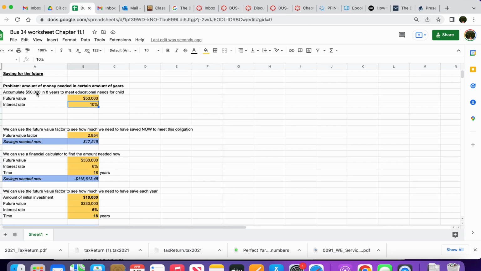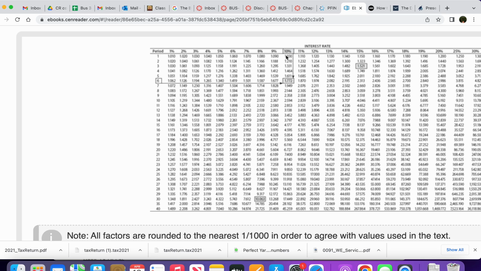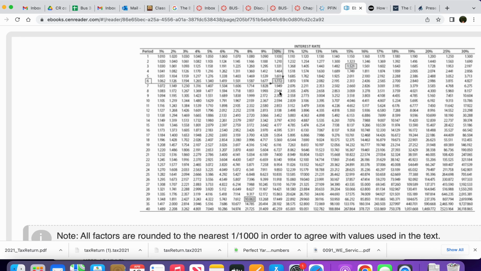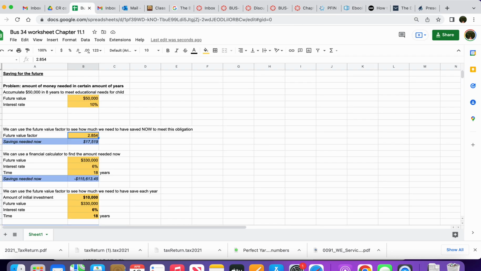The interest rate is 10% and 8 years, so my future value factor is 2.144. So I'm going to put in 2.144. Okay, so $23,000 is what we'd have to have saved right now.